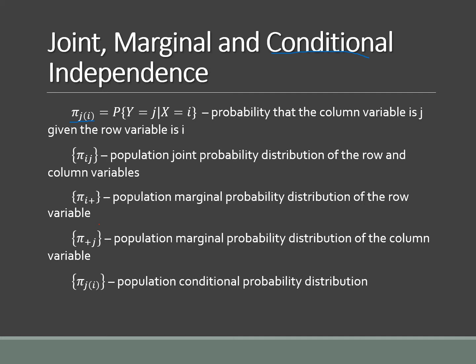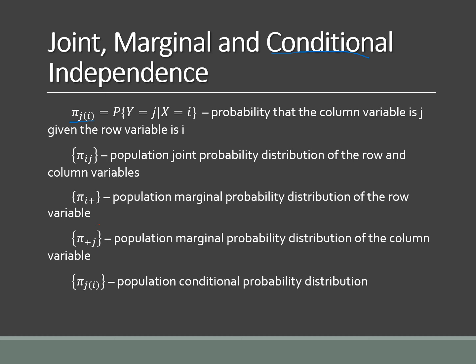So some would write pi sub j, and then in parenthesis i is equal to some value, just so that you would know if you are talking about j given i or i given j, because this can be quite confusing, unlike with the previous example for the joint and the marginal probabilities, wherein the position is already fixed, wherein the first one is for the row and the second one is for the column.